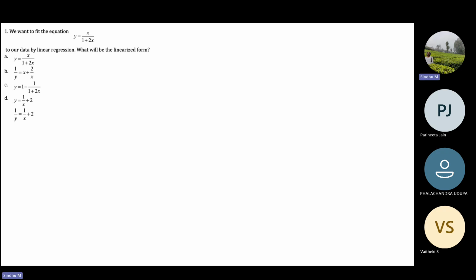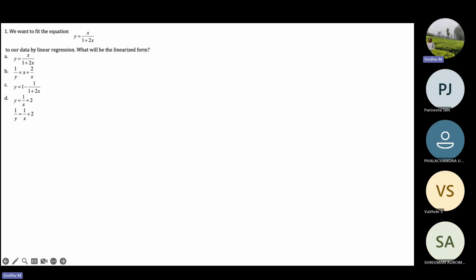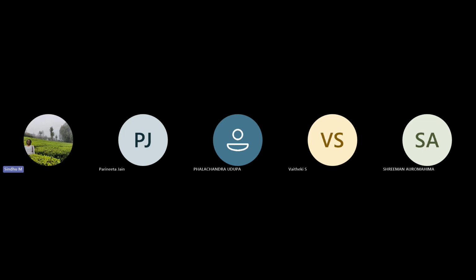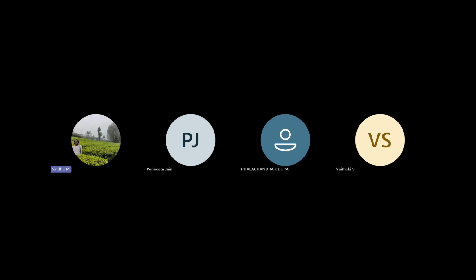Actually, there is a slight confusion in the slides. Just a minute, let me fix it. This option A is actually the question. So this last one will be option D. Option C: y is equal to 1 by x plus 2.